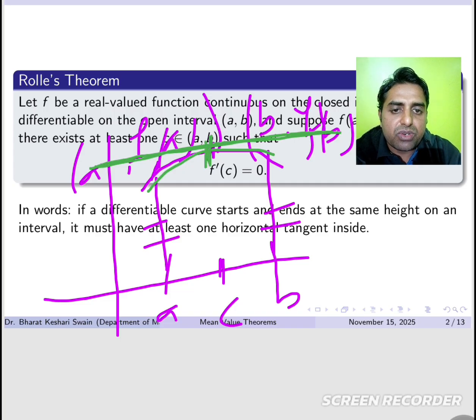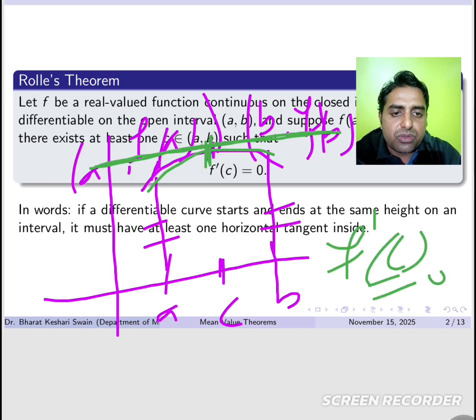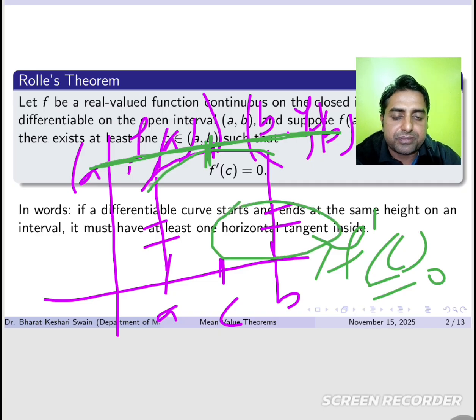Since f'(c) equals 0, the slope is equal to 0, and we know that the slope of the x-axis is also 0, so it will be parallel. Your tangent will be parallel to the x-axis. So we say that it must have at least one horizontal tangent inside. This is what it means, one horizontal tangent.